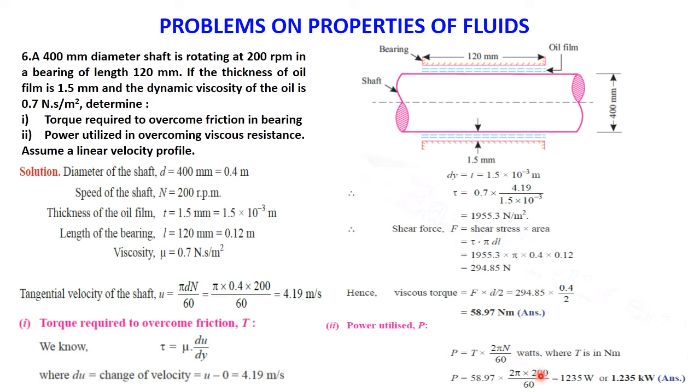So P is equal to 58.97, that is the value of torque, into 2 pi, into N, that is RPM of the shaft, 200 divided by 60. So we get the value as 1235 watts, and the last answer is converted into kilowatt as a higher unit. So we get it as 1.235 kilowatt.